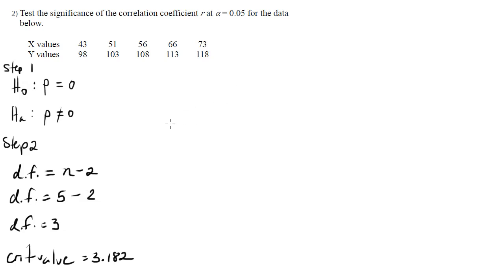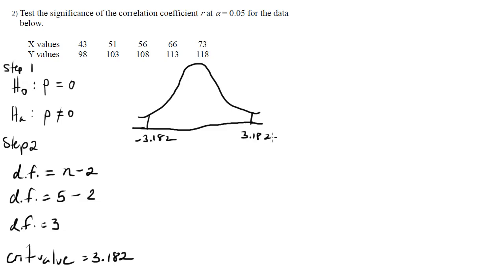Okay, so if I was to draw that relationship, here's what we're talking about. 3.182 is my critical value, so I've got negative 3.182 and positive 3.182. Classic hypothesis testing stuff. Two tails, so I've got 2 rejection regions.